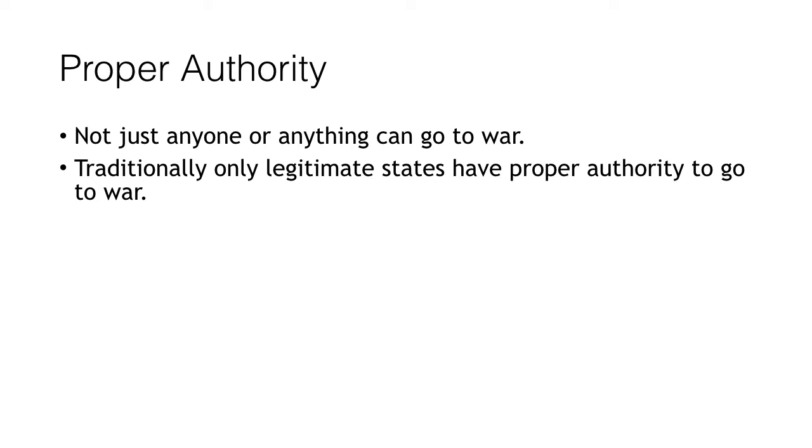If Al-Qaeda or ISIS attacks the U.S., we can respond with military force. We can respond to groups that aren't nations. What proper authority says is it's only nations that can use force in that way, though, right? They don't necessarily have to be fighting other nations, but nations are the only things that can legitimately go to war.